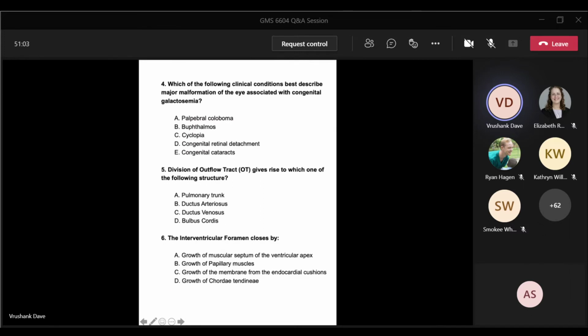Okay, number 4. I want volunteers other than Elizabeth. Which of the following clinical conditions best describes major malformation of the eye associated with congenital galactosemia? You all know what galactosemia is? Yes. Okay.